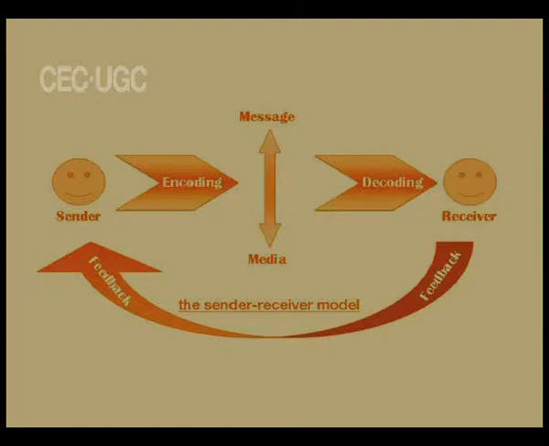Communication is a transaction. There is something that is exchanged, something given, something taken. So, the communication process is a transaction and it essentially requires the message to be delivered. There is a sender and there has to be a receiver for communication to actually happen.